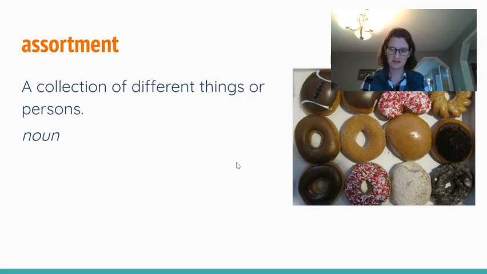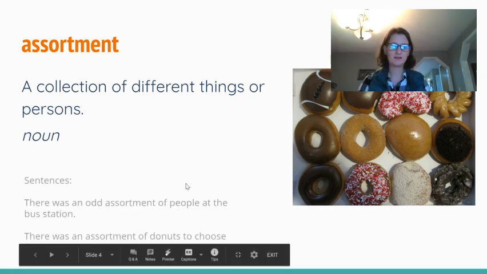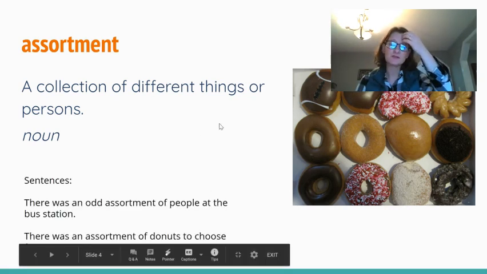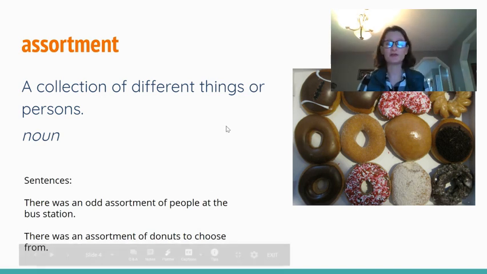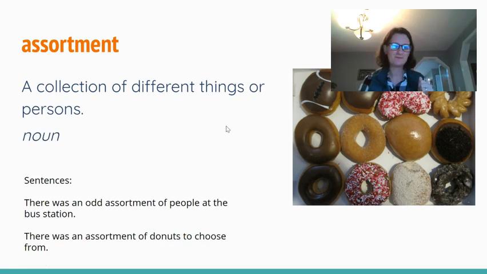It's naming a collection. A collection is a group of things. An assortment is the name of a group of things. Some sentences we might use with the word assortment could be, there was an odd assortment of people at the bus station, or an odd collection of people. There was an assortment of donuts to choose from.